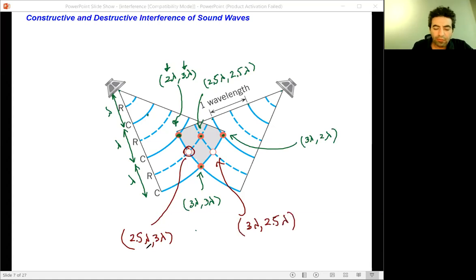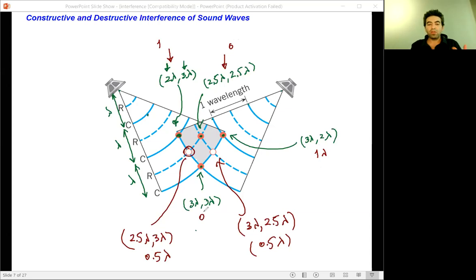Right. So the difference between the two here is half a lambda. The difference between the two here is half a lambda. While the difference here was 1, the difference here was 0, the difference here was 1, the difference here was 0, right? So it looks like if I have 0 or 1, then I'm getting constructive. If I have half a lambda, then I'm getting destructive.